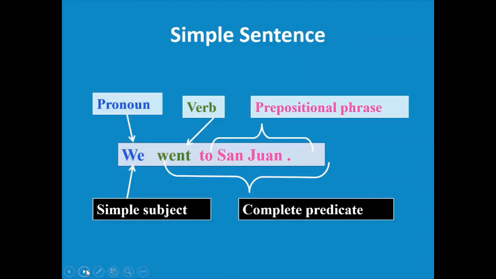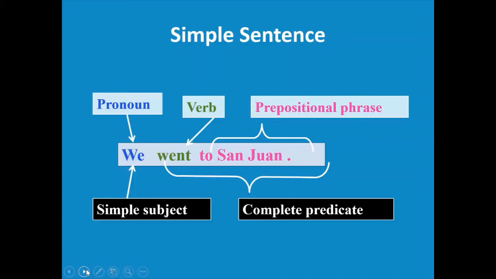Now we are calling this a prepositional phrase because in to San Juan, the word to itself is the preposition, and it comes together with the word it defines, so together it is the prepositional phrase. So here to San Juan is the prepositional phrase. It is a complete predicate. Okay. Simple subject we, and went to San Juan a complete predicate. So this is how a simple sentence is constructed.